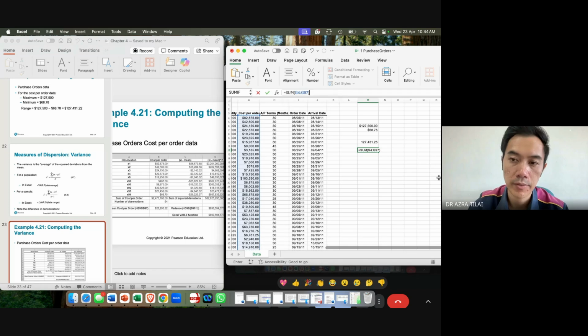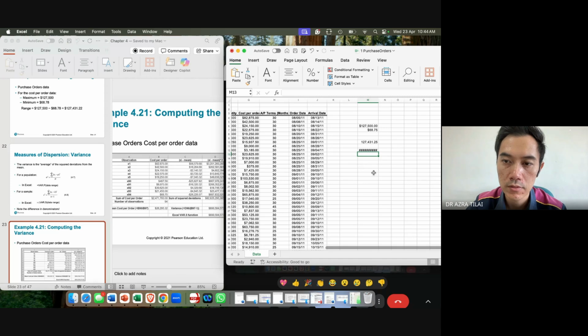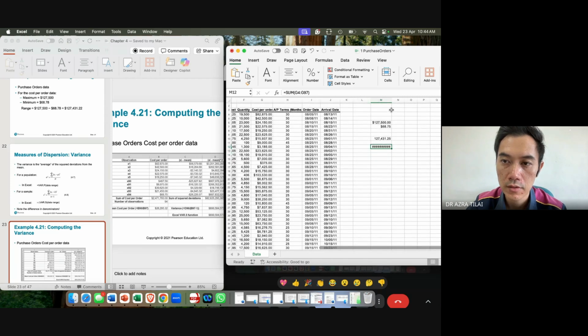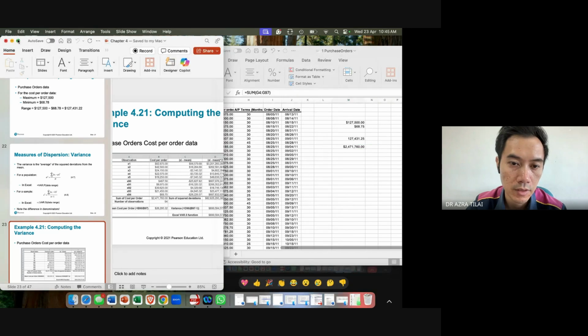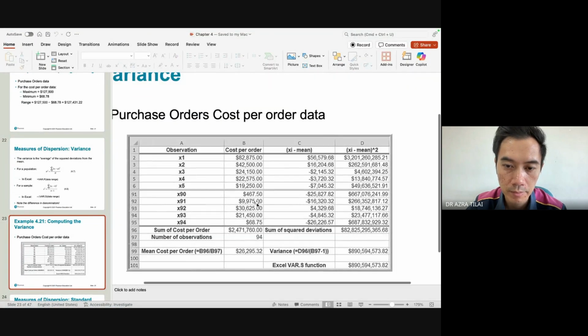Then we close the bracket. Now we have the same value, right? Here we also can see the same amount.